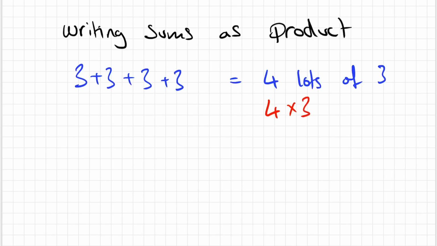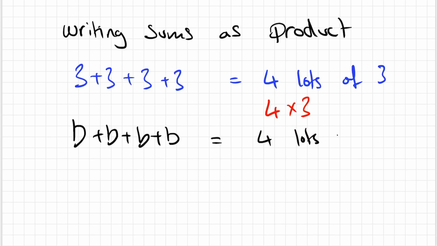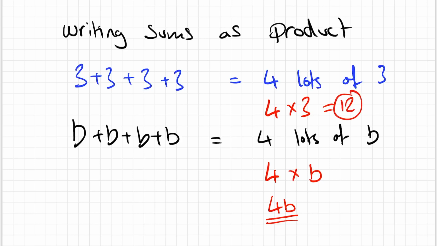So 4 lots of 3. Let's look at another example with variables: b plus b plus b plus b. The same way we would have 4 lots of b, and we can write that as 4 times b, or 4b. The same way we can write the first one as 12. So that's writing sums as products.